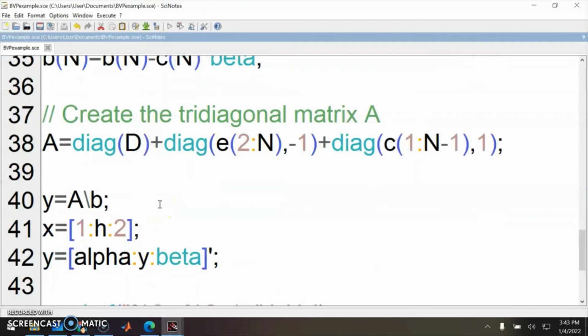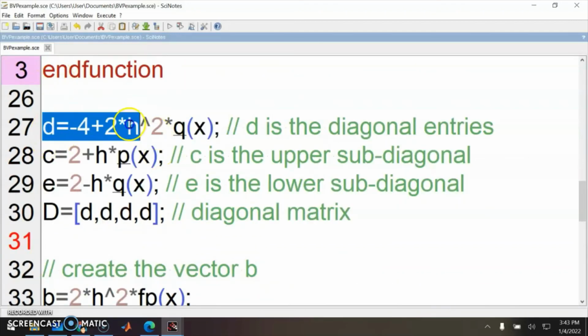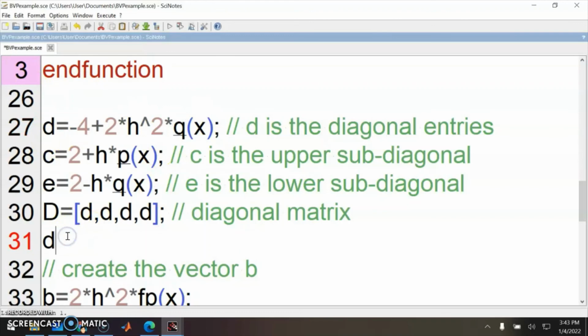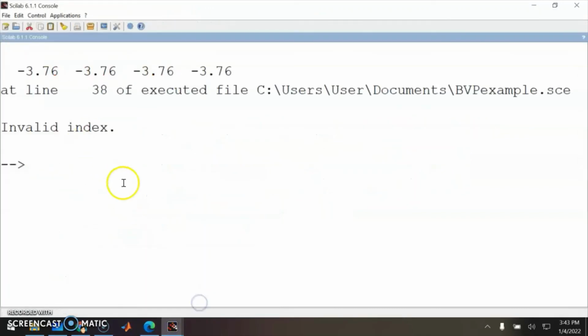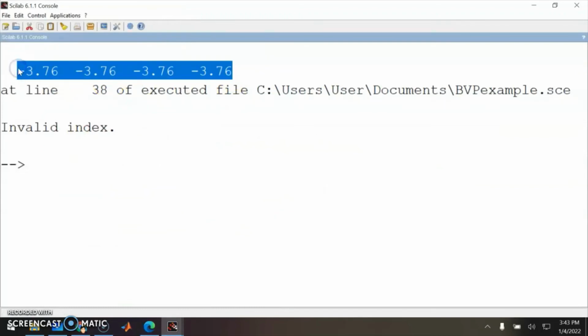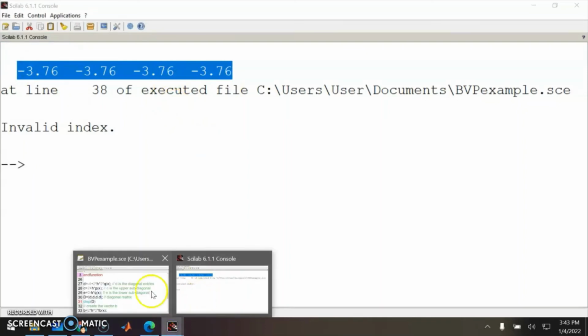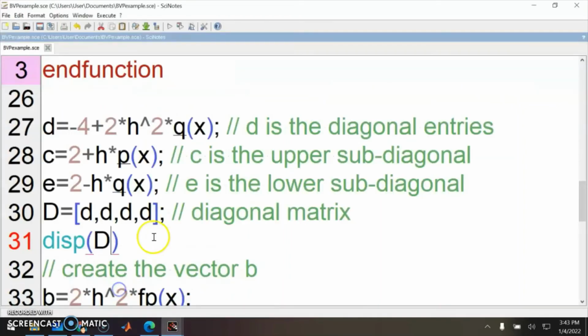So let's fix this. Let's display what my B vector is. I'm having a problem with my D. Okay, with my D. So this is correct. Let's check what the D matrix is. Is my D diagonal matrix correct? This is my diagonal matrix. It's not even giving me a diagonal matrix. My D matrix should be diagonal.